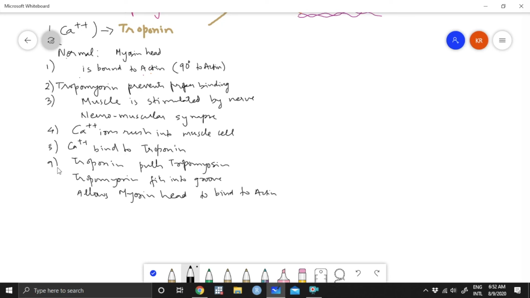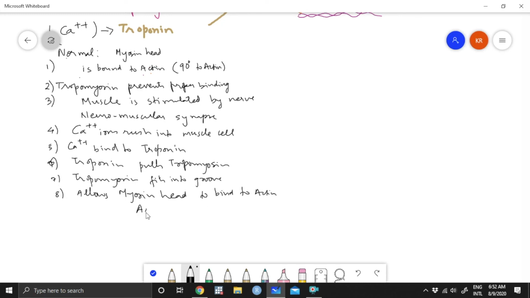Now the troponin pulls this tropomyosin. Tropomyosin now falls into a groove. And when that happens, it allows the myosin molecule to bind to actin.